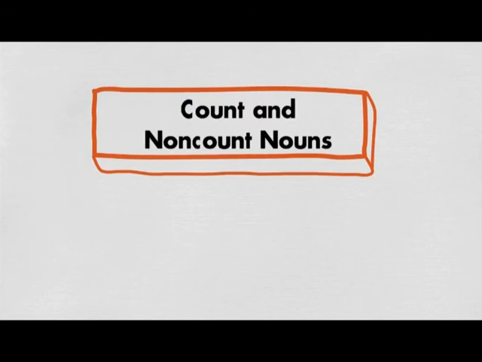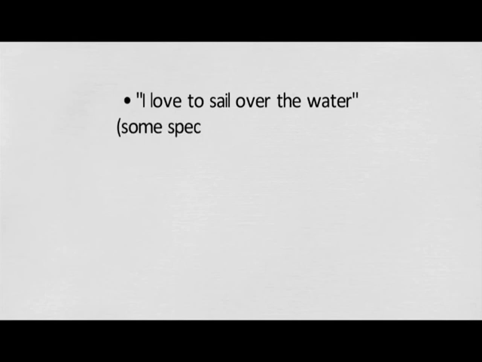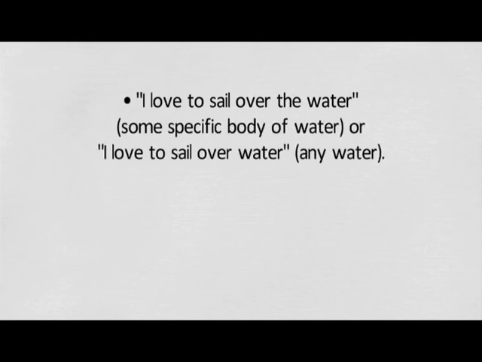Count and non-count nouns. The can be used with non-count nouns, or the article can be omitted entirely. I love to sail over the water, some specific body of water, or I love to sail over water, any water.